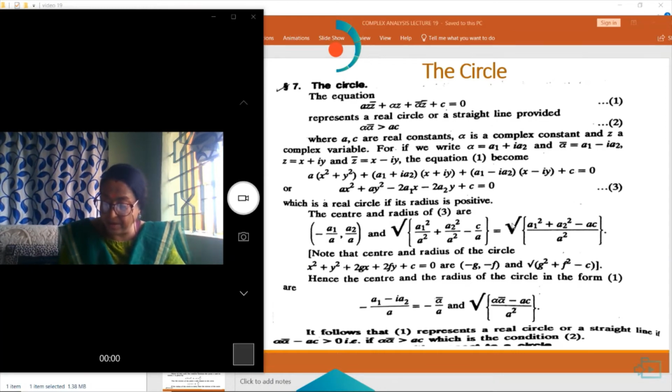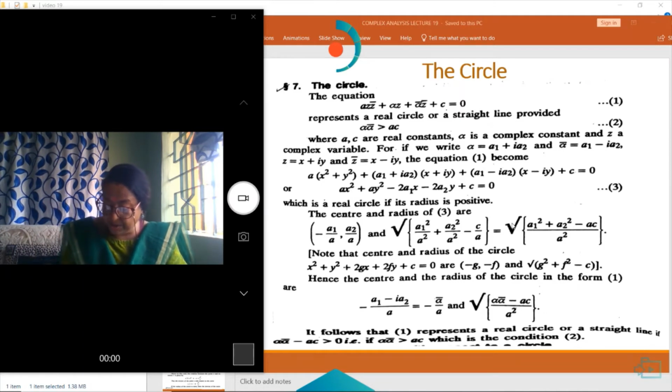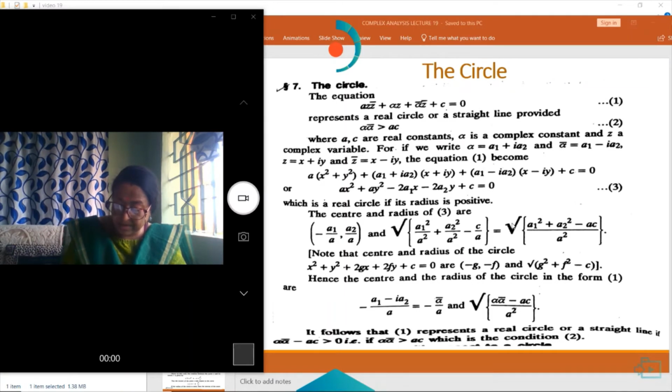When we compare these values, we get A x square plus A y square plus 2 a1 x minus 2 a2 y plus C is equal to 0, and the equation of a circle is x square plus y square plus 2gx plus 2fy plus C equal to 0, with center minus g, minus f and radius square root of g square plus f square minus c.